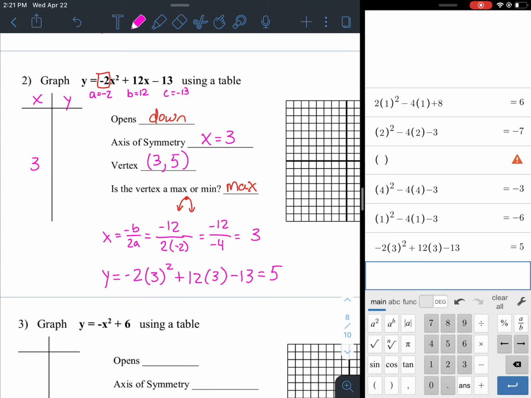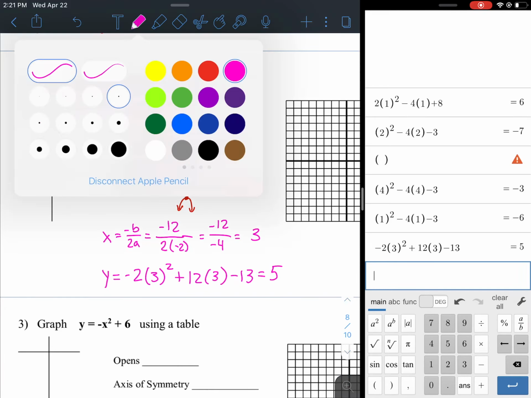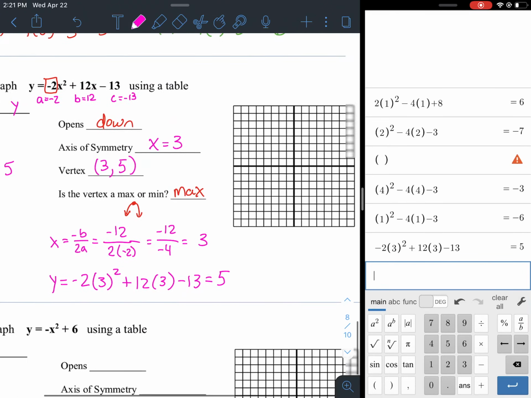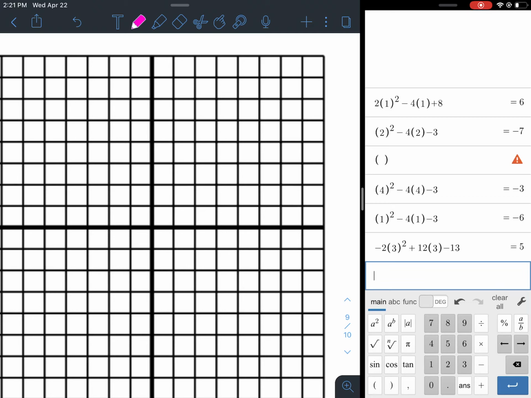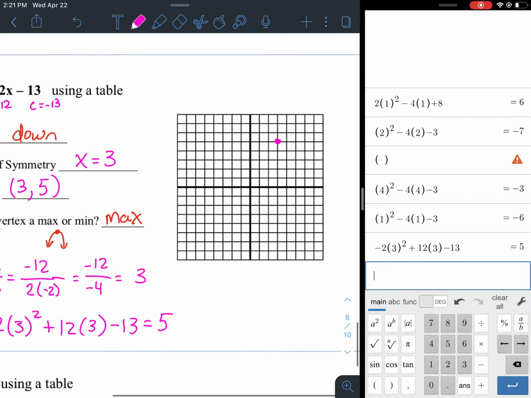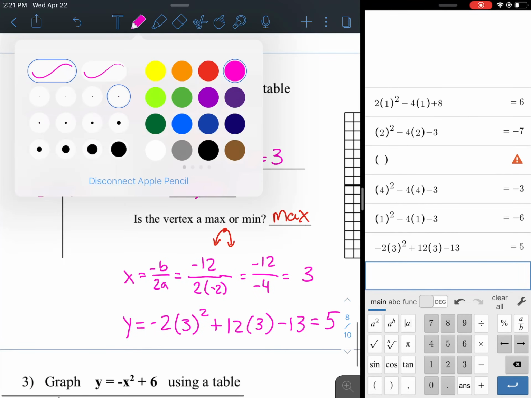So my x, y, again I put 3 and 5 in the middle of my table. Okay, I can also graph 3, 5, which is 3 to the right, 5 up, 1, 2, 3, 4, 5. And there's my vertex. Now, I need 2 points to the left, I need 2 points to the right.